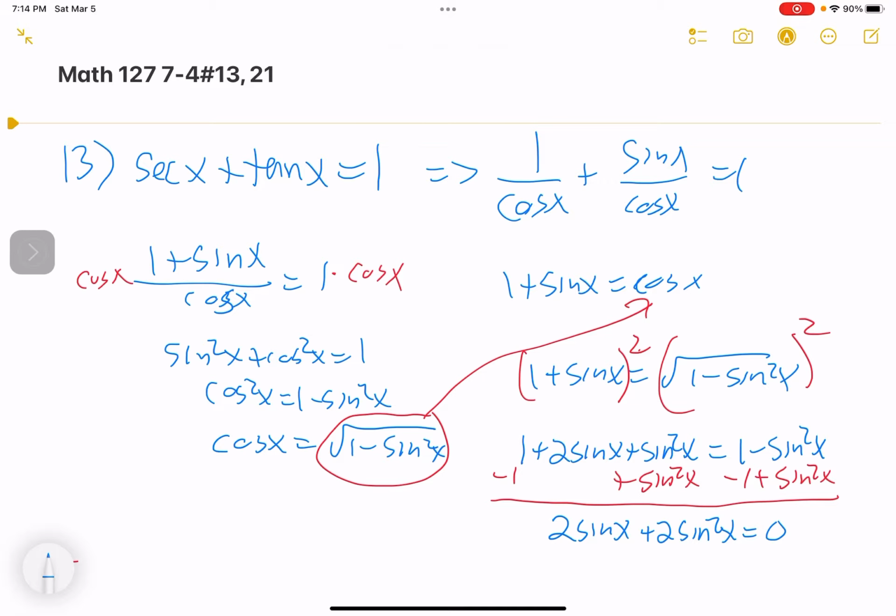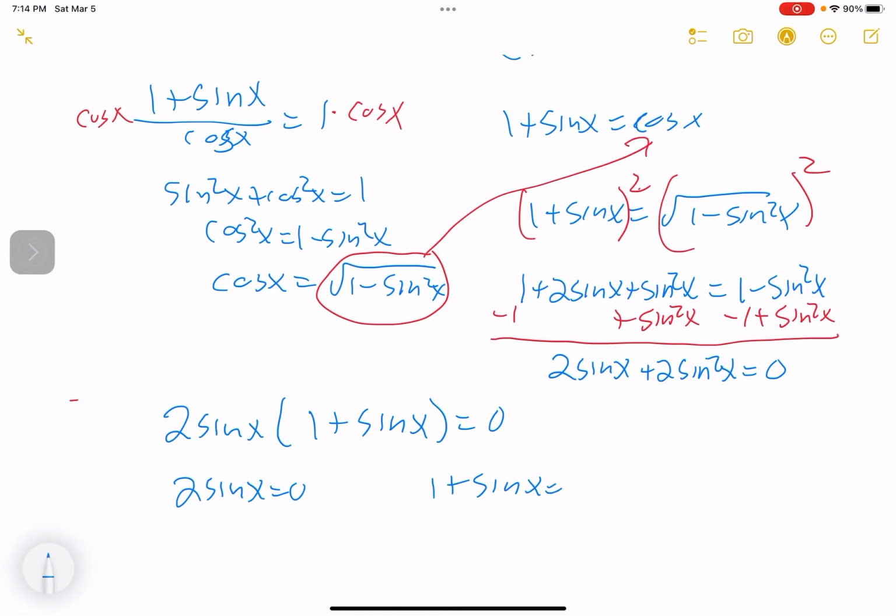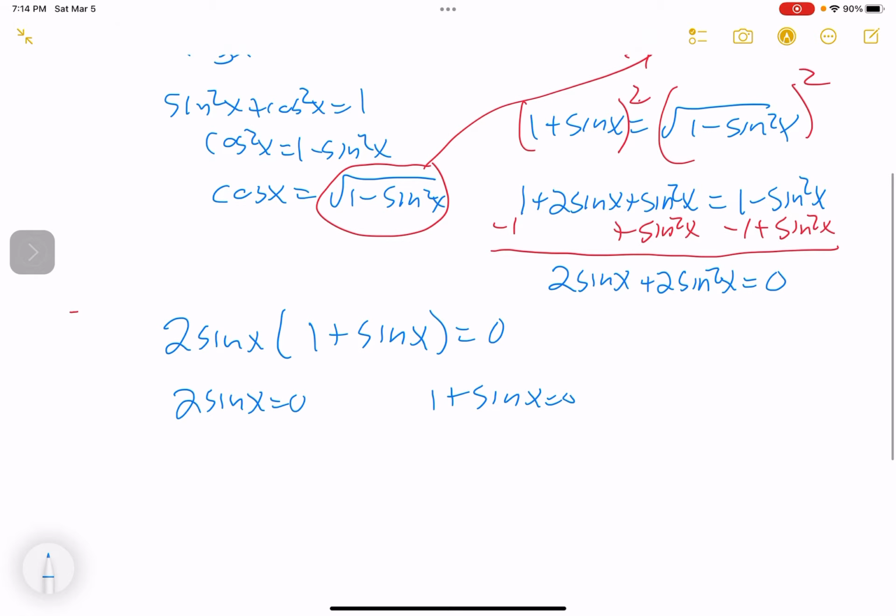From this, I can factor out 2 sine x, and I'd have 1 plus sine x equals 0. So by the zero product property, 2 sine x can be set equal to 0, and 1 plus sine x can be set equal to 0. And we solve each of these independently.